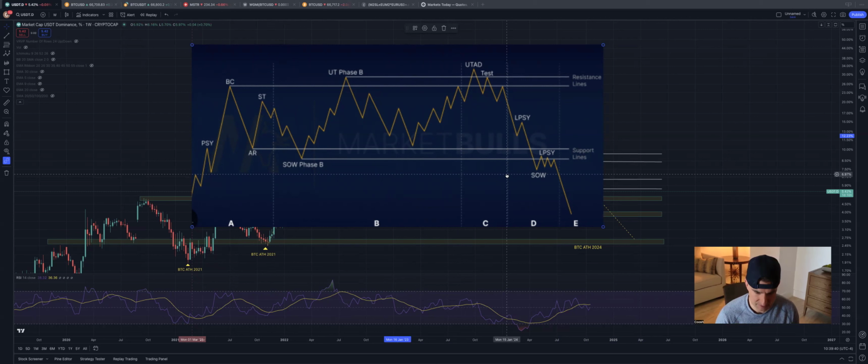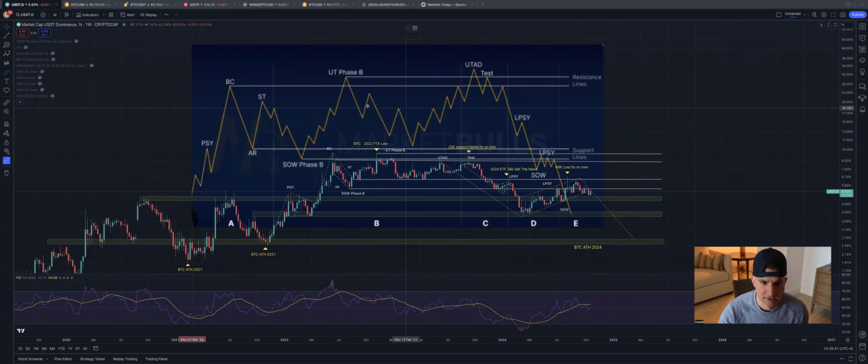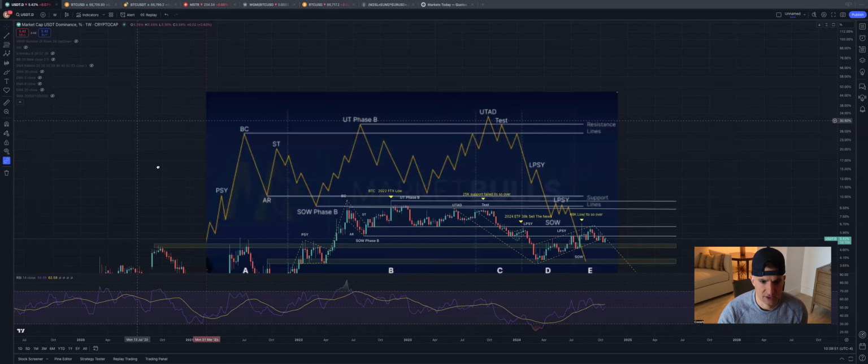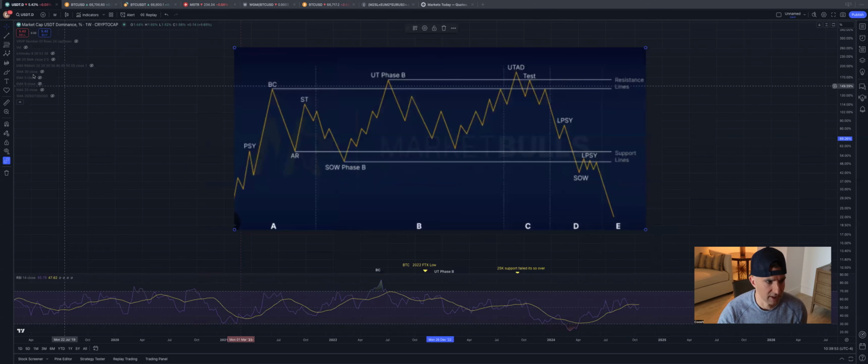USDT dominance. So the gist of this exercise, folks, is this. Let me pull this up here. So we're just looking at this chart. Forget the chart below.